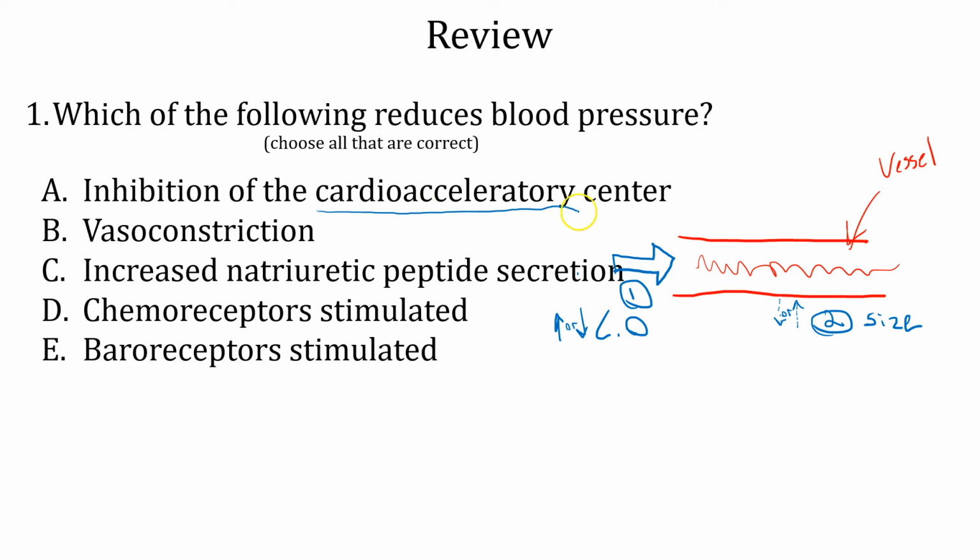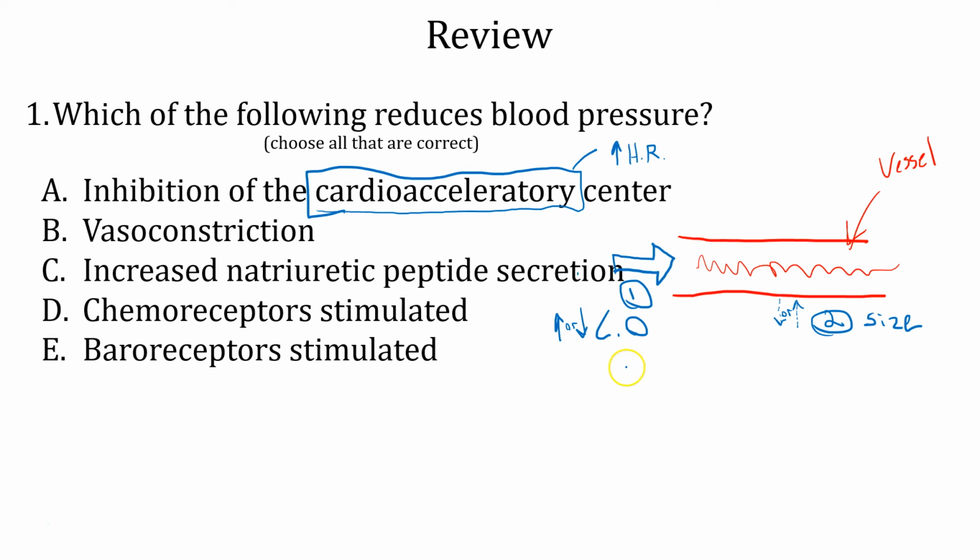And part of that requires that you actually know what the cardioacceleratory center is. Okay, so to do these questions, you do have to have a little bit of background knowledge in what these structures are. But at any rate, the cardioacceleratory center, one of the things that it does is it increases heart rate. This is that center that's in the medulla oblongata. It's going to increase heart rate.